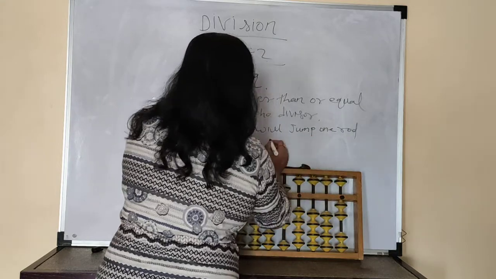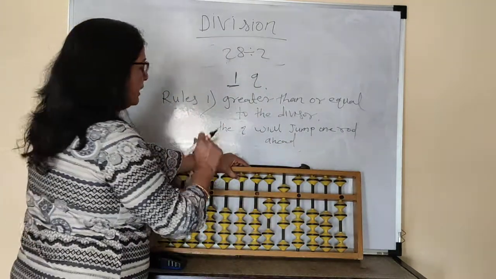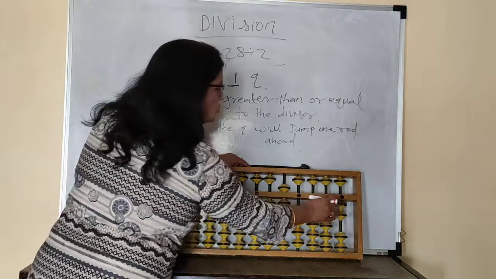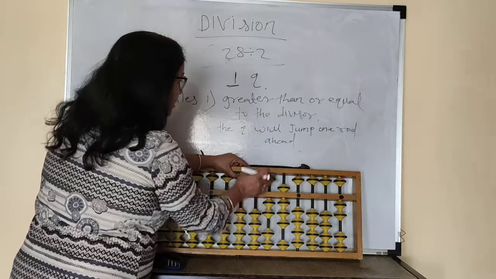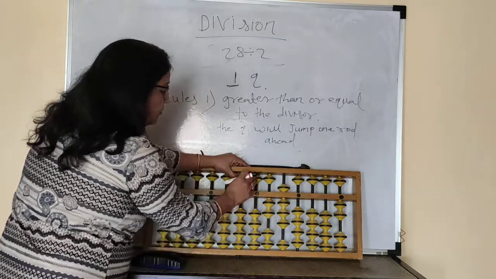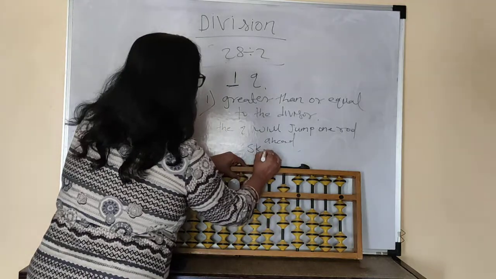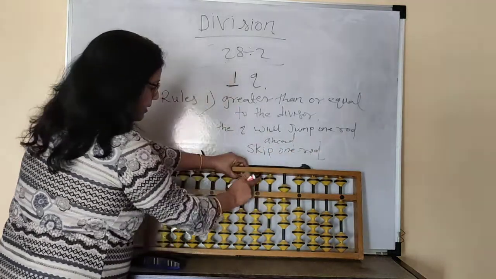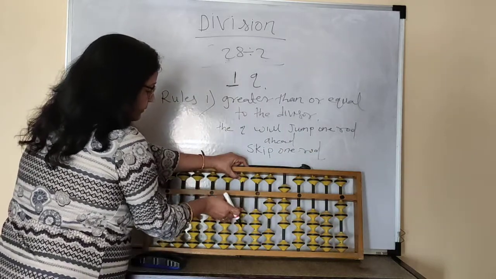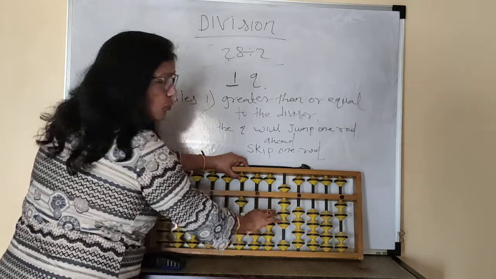Now this is 2 and this is 2. It means it's equal. So the quotient must jump 1 rod. We have to skip 1 rod. So I put quotient 1 here and I subtract 2.